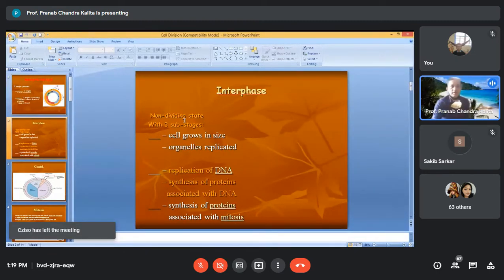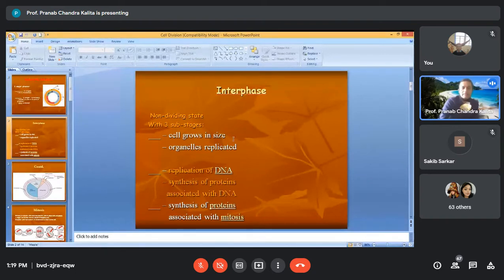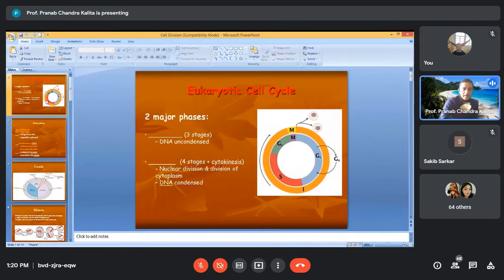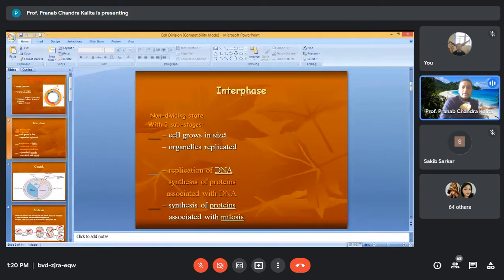So you see that it is a non-dividing state with three substages. Here a cell grows in size and organelles replicate. The first phase means G1, S and G2, as I just showed you. In G1, the cell grows in size and organelles are replicated. In S phase, there is replication of DNA and synthesis of proteins associated with DNA.